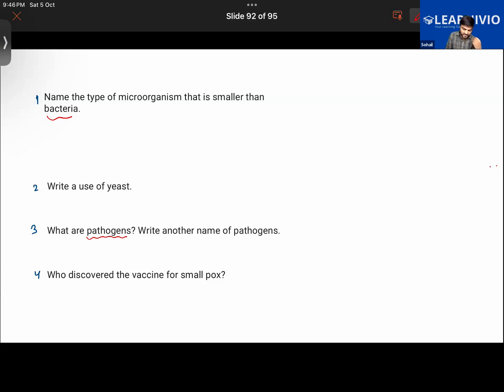The smallest bacteria we have discovered so far is Mycoplasma gallisepticum. Next question.